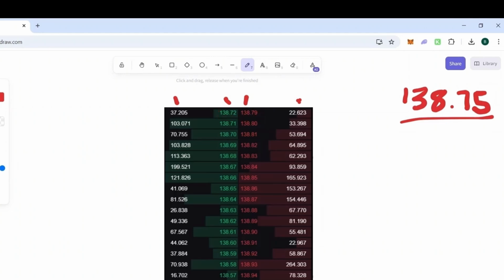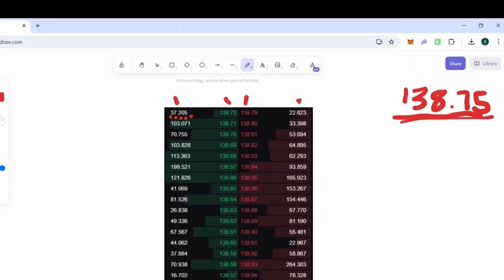Right? Okay. Now, like I said, the price of the asset at the time I took this screenshot was 138.75. All right. And on this bid side, some traders are putting in a bid to buy 37.205 of the asset.